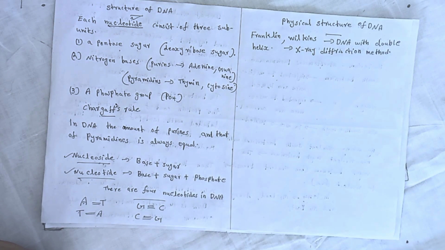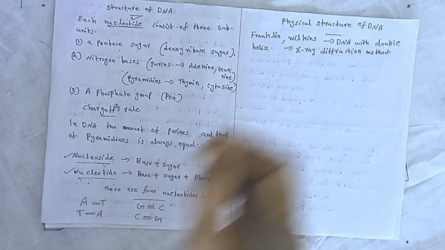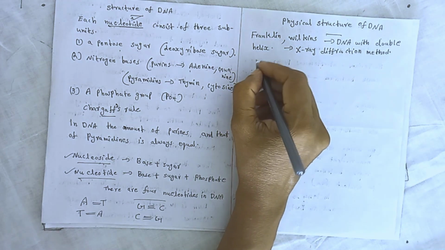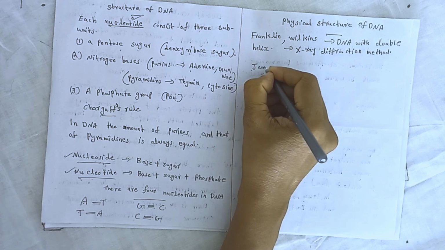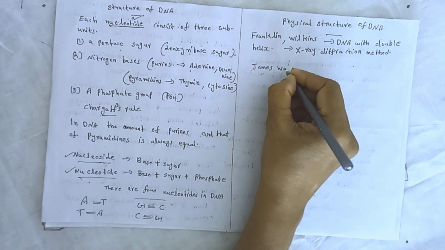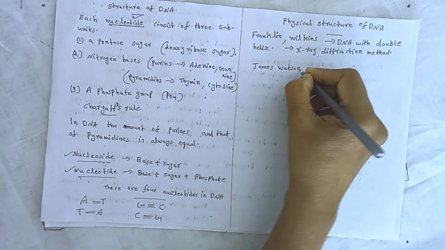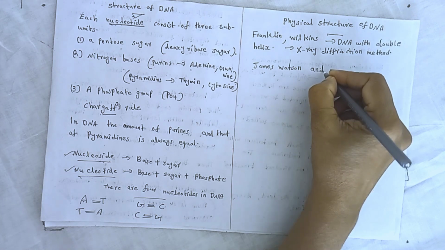Next, James Watson and Francis Crick were awarded the Nobel Prize for working out the detailed structure of DNA.